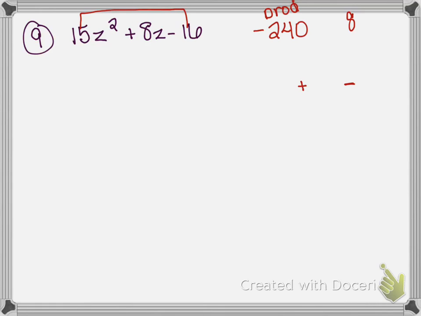Nope, I'm going to say negative 10 because my bigger absolute value is going to be positive, and positive 24. Okay, so I'm going to start there. Okay, I already know that 16 and 15 multiply together to give me negative 240.